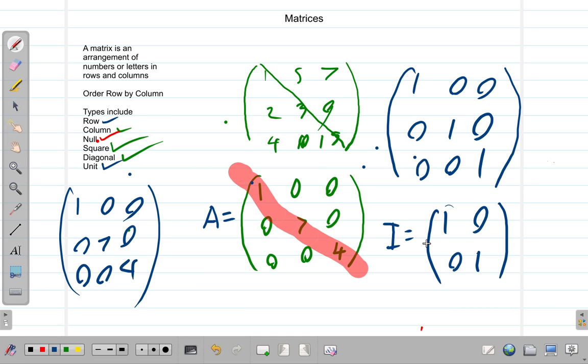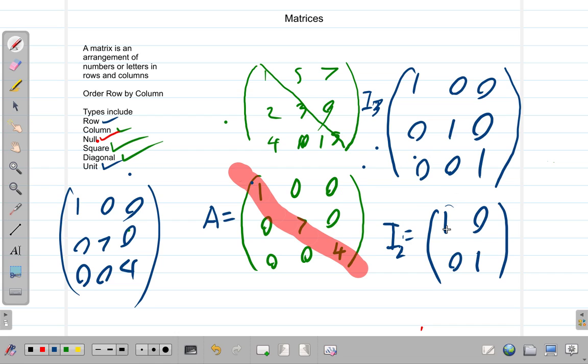So you call that I. Now if you have 2 different unit matrices, you might want to call them I1 and I2, or since you consider 3 rows, 3 columns, you might call this I3 and this I2.